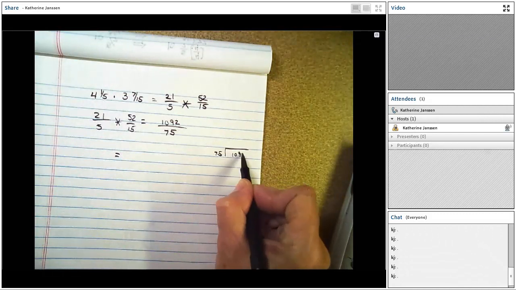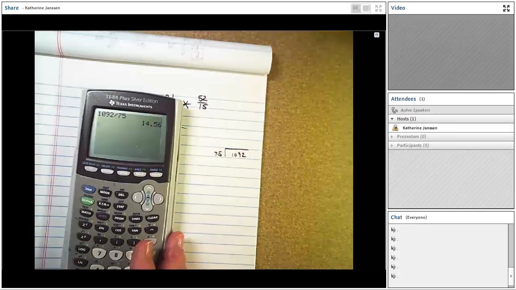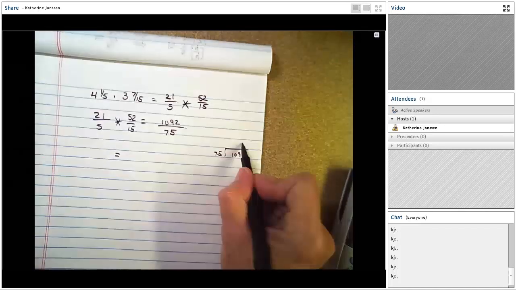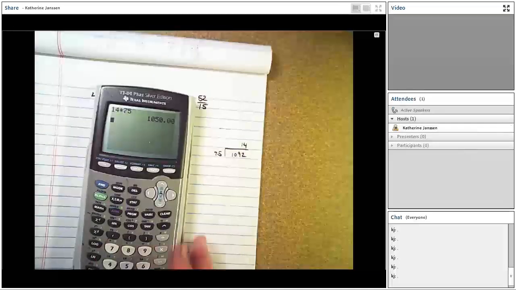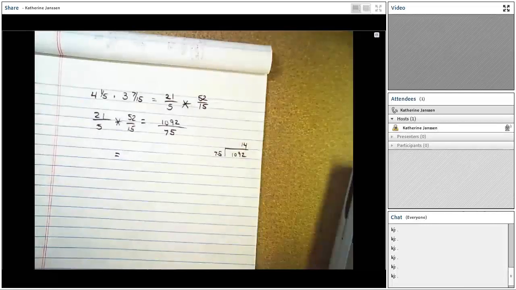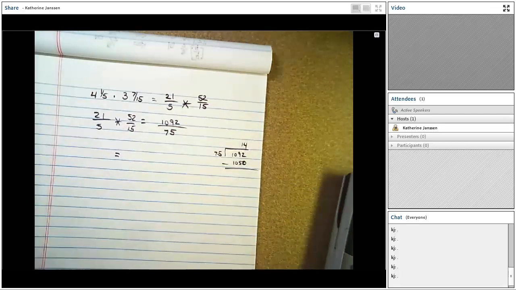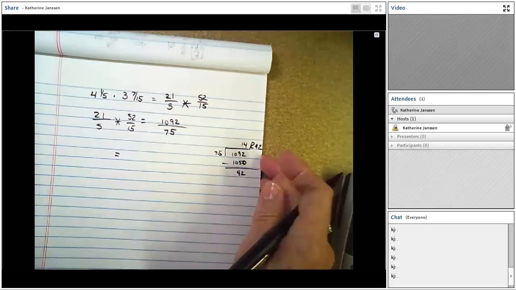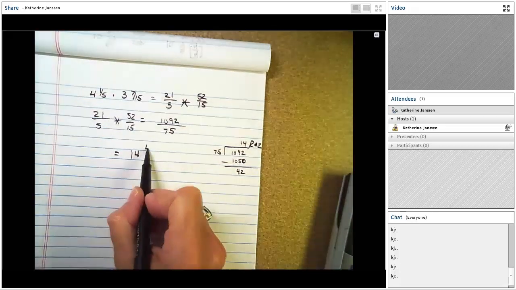You can use Google Calc or your calculator to determine the whole number portion. 75 goes into 1092 14 even times. And 14 times 75 is 1050. So I'll subtract to get my remainder of 42. So 75 goes into 1092 14 and 42/75.